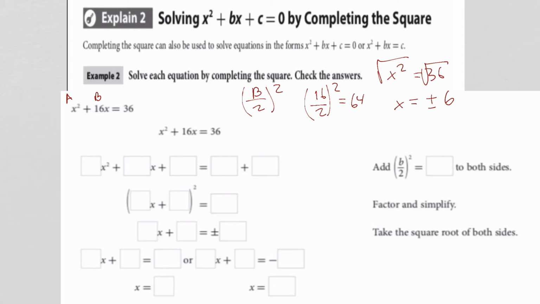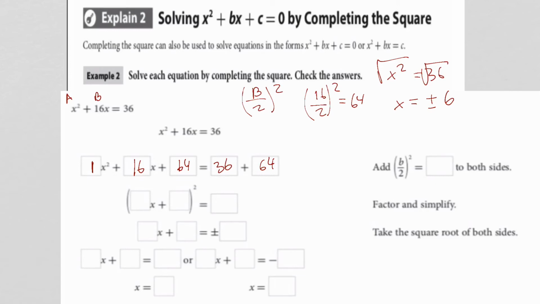So I need to essentially add 64 to both sides. And I can do this because as long as I add or subtract or whatever I do to both sides of the equation, that's totally allowed in algebra. In fact, that's like most of algebra, manipulating the equation to get to where you want to be. So we've got the 1x squared, we've got the 16x, and now we're going to add 64 to both sides.